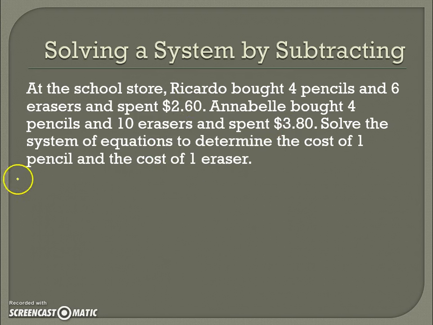So I need to set up 2 equations. So first I'm going to start with Ricardo. He bought 4 pencils at a price that we don't know, but 4 times that price plus 6 times the price of the erasers was $2.60.